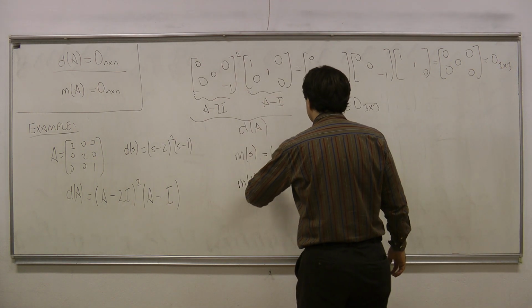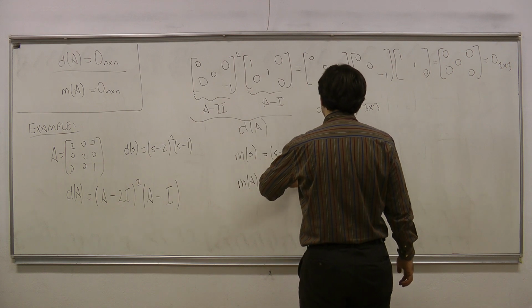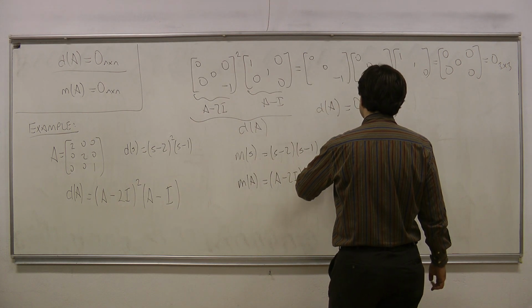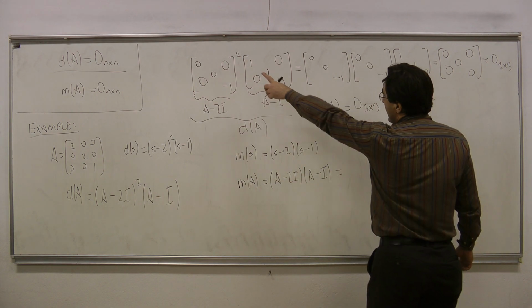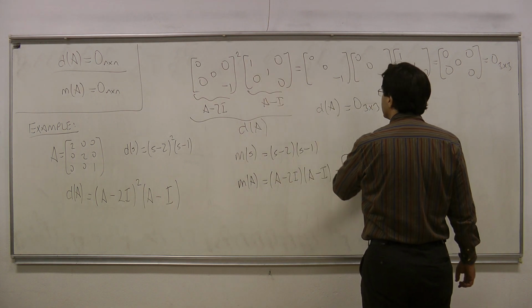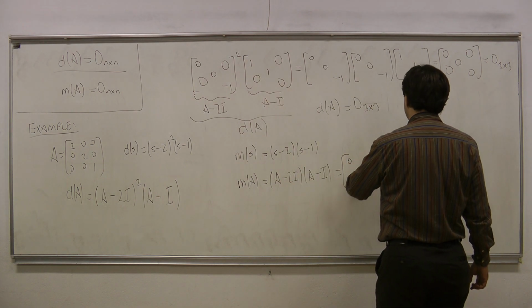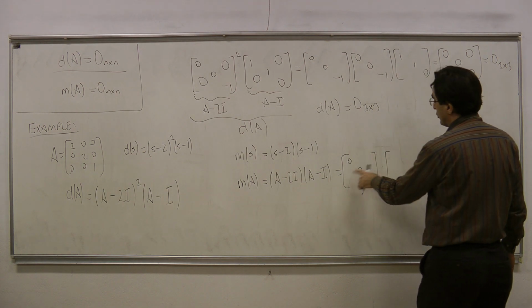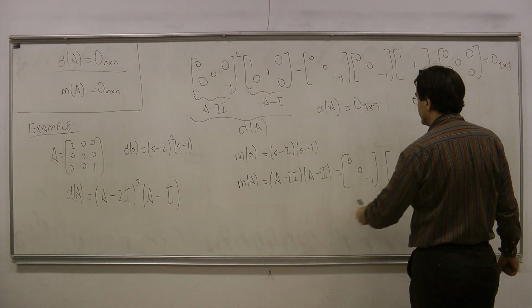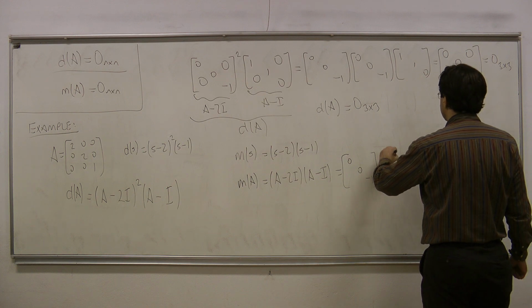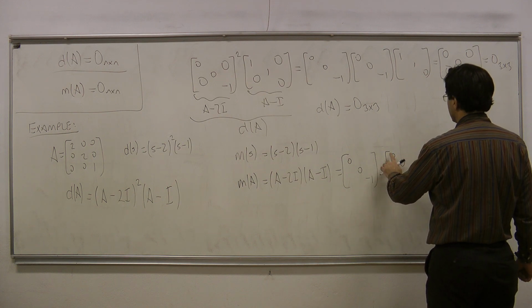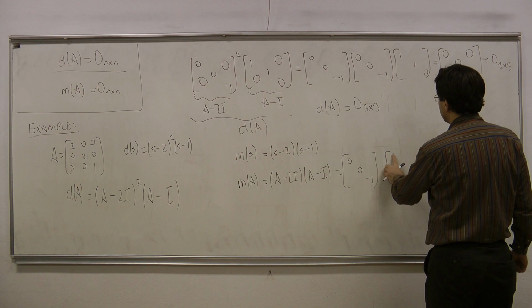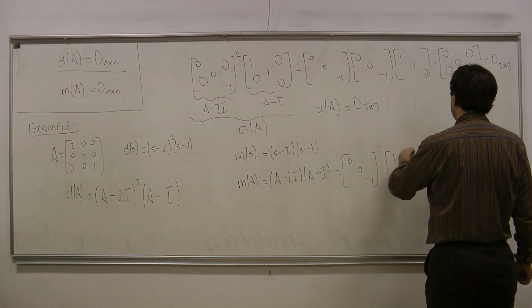M of A is A minus 2 identity times A minus identity. A minus 2 identity is that matrix 0 0 minus 1, and I'm not writing the off diagonal elements here, they are all 0. A minus identity is 1 1 0.